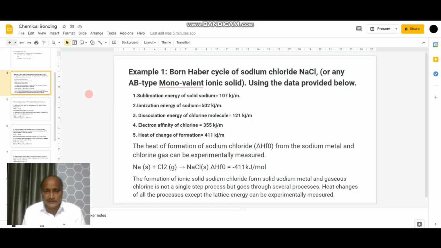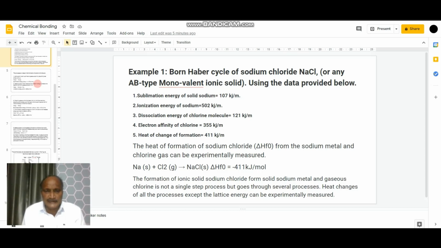The heat of formation of sodium chloride from solid sodium and gaseous chlorine is equal to minus 411 kilojoules per mole, that is delta HF of sodium chloride is equal to minus 411 kilojoules per mole.